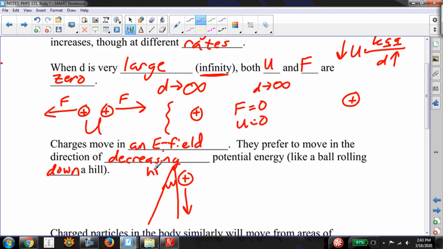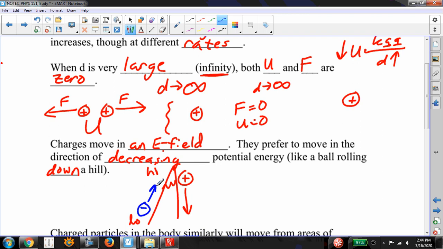That is, I'm moving from a position of high potential energy to a position of low potential energy. Electrons, on the other hand, we don't really need to get into the math of why this happens, but electrons will actually do the opposite. So just sort of remember that electrons are kind of wonky, and they do the opposite of what you think. Protons move from high potential energy to low potential energy, just like things in a gravitational field.